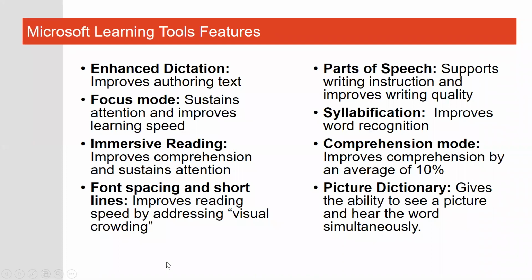But some of the features are things like the ability to speak to author content, so a dictation function, things like immersive reading that will highlight the content that's currently being read and kind of dim the background content, and a picture dictionary that will produce symbols for particular words.